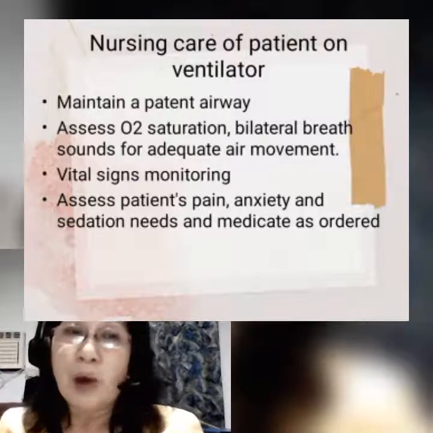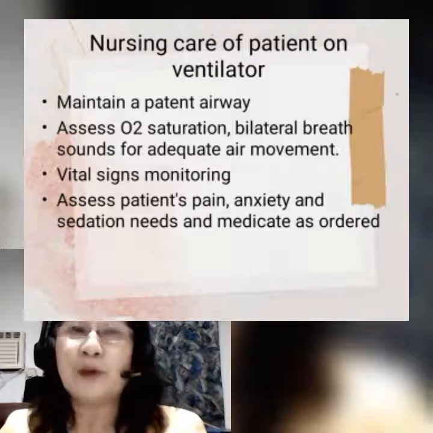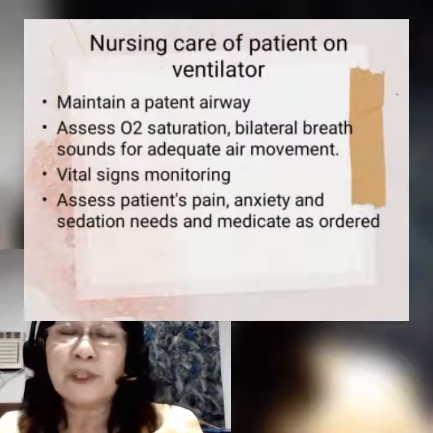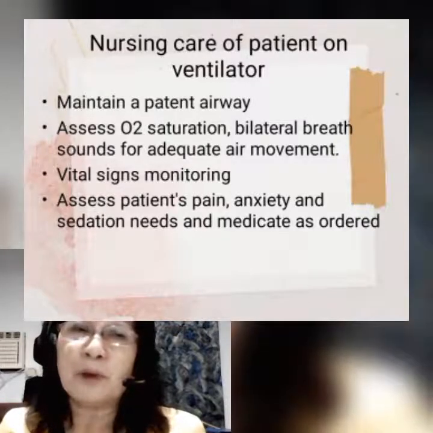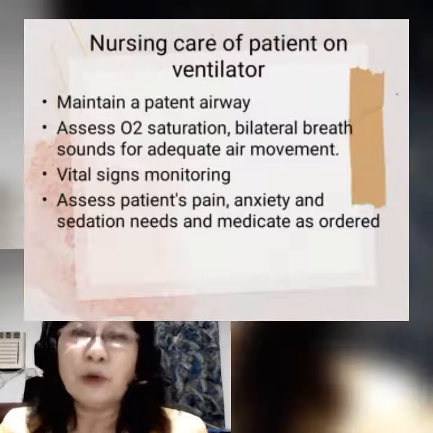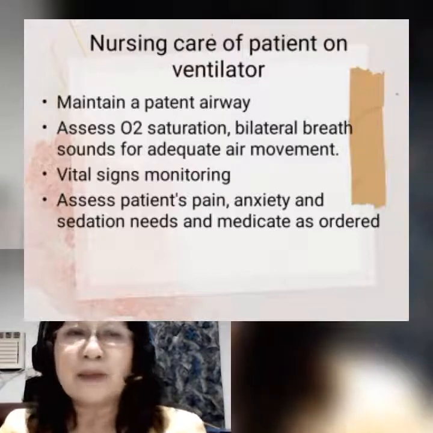Now, again, you have to assess properly during suctioning if the patient is responding to you properly or you are making the patient uncomfortable during suctioning. So make your patients comfortable as much as possible, and observe the O2 saturation of the patients. Then, check for bilateral breath sounds for adequate air movement.